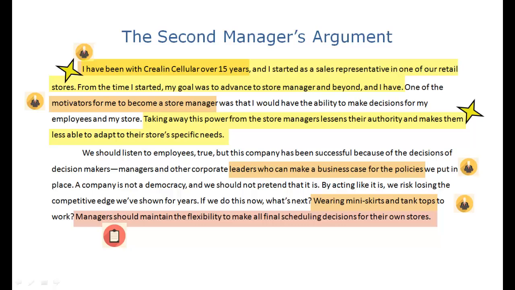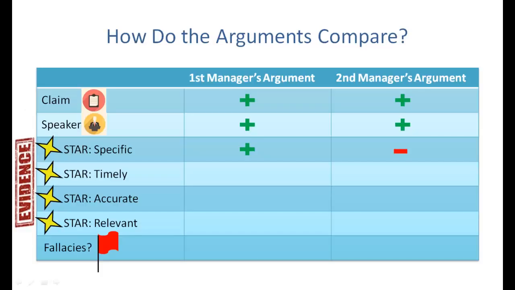The action of taking away power and lessening authority is specific, but it doesn't say by how much. So, altogether, I'd say the first passage is more specific.